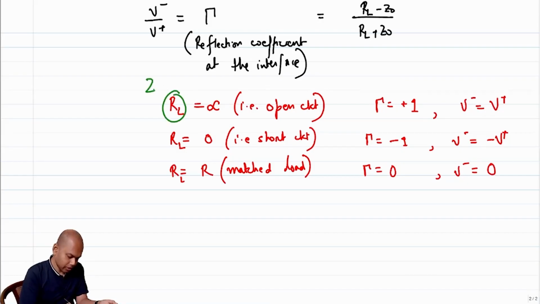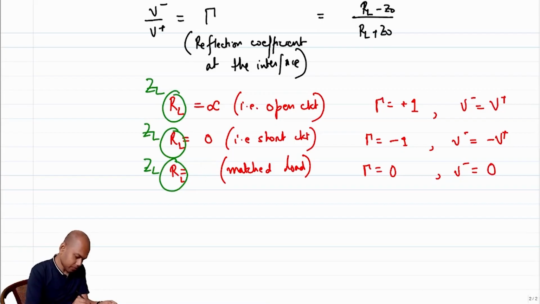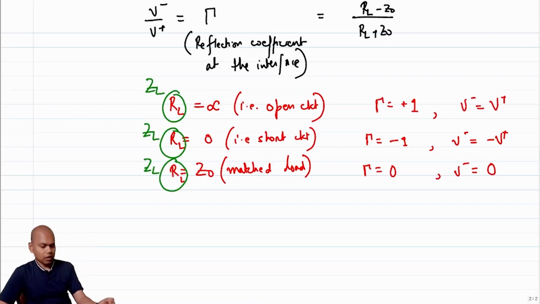So for a matched load, ZL has to be equal to, I should not use R because I have used Z naught for the characteristic impedance. So for a matched load, whatever your termination of your transmission line sees should be equal to Z naught.